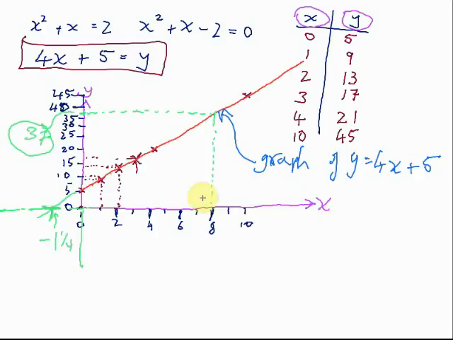Now, one of the things we find when we draw lots of graphs is that where we just have an x, not raised to any power other than 1, and similarly with y equals an x, there's only an x to the power of 1 over here, then we always get a straight line.